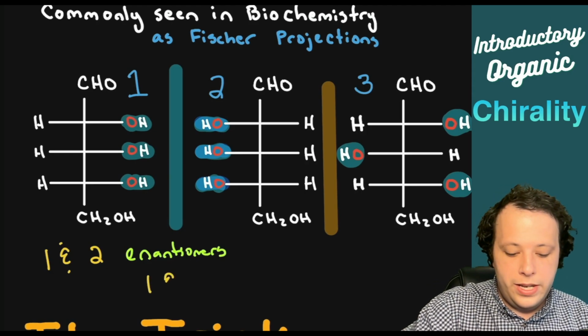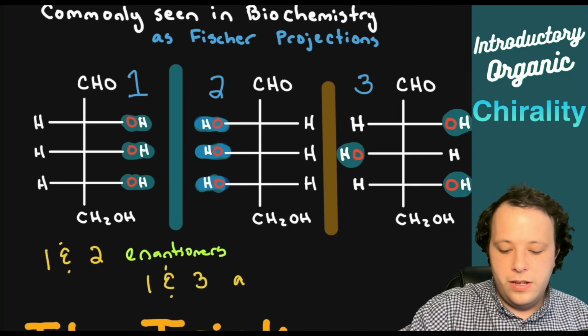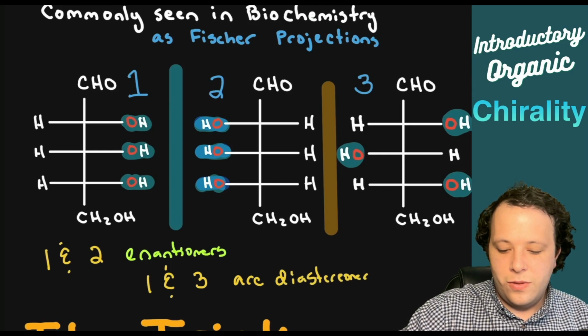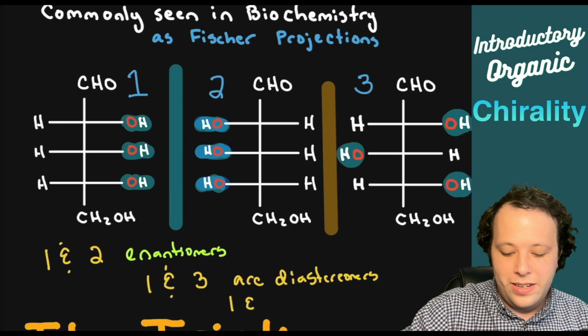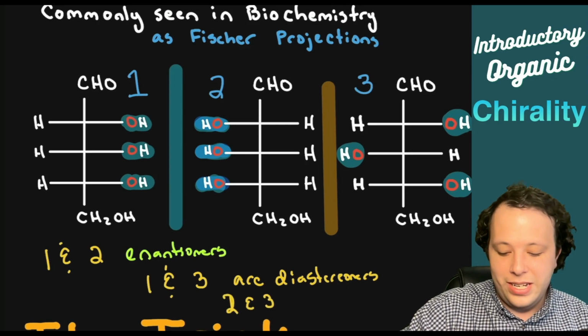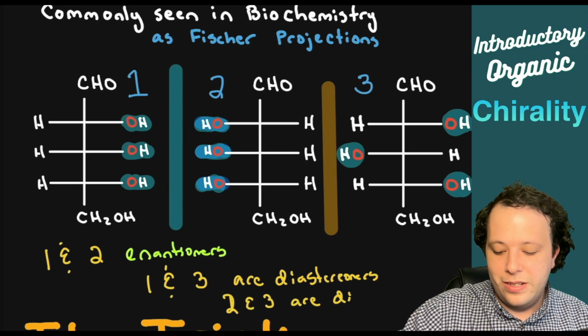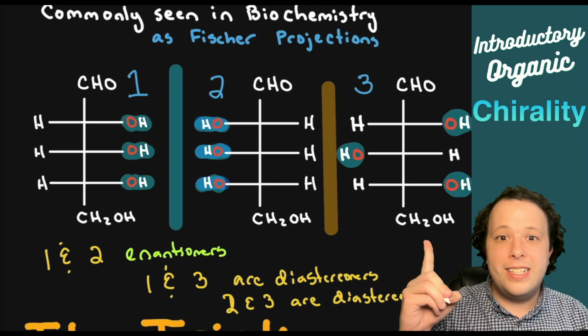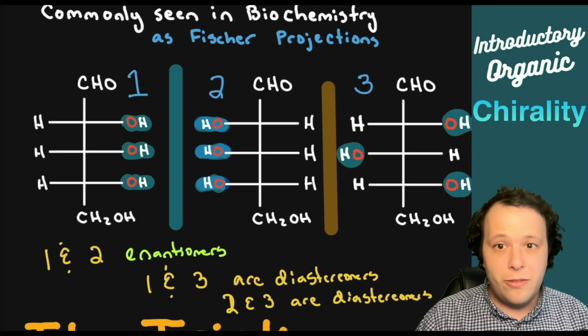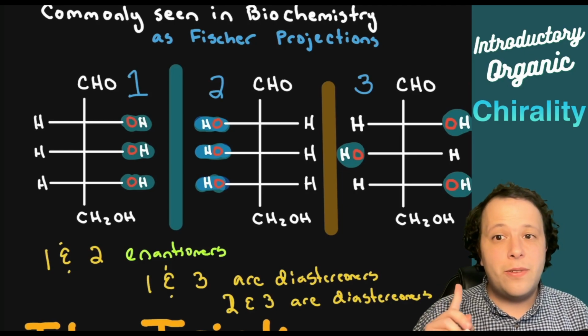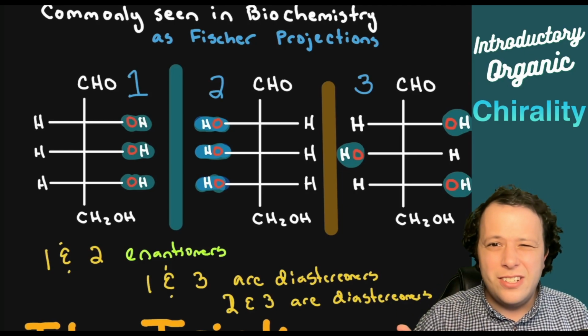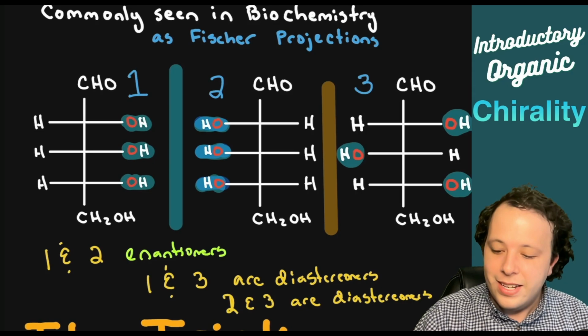Well, 1 and 3 are diastereomers, right? And 2 and 3 are diastereomers. So what that means is that all of the structures are diastereomers in reference to number 3, but they have different kind of meanings or connotations behind what kind of diastereomer.